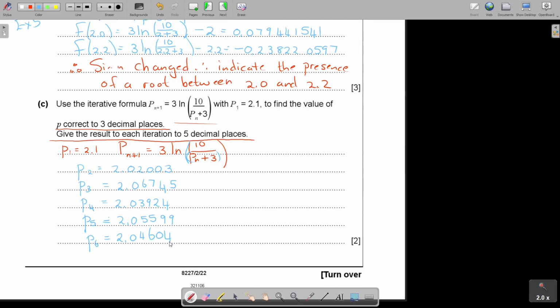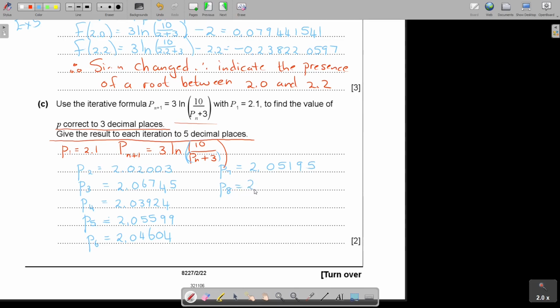Then just go on here, and if you don't stabilize, you have to keep on. Then it is 2.05195.